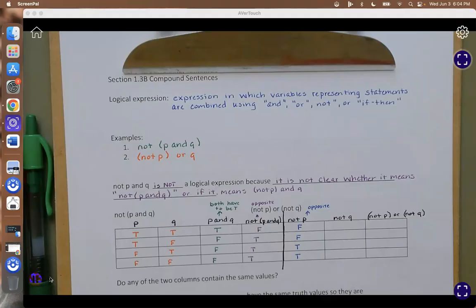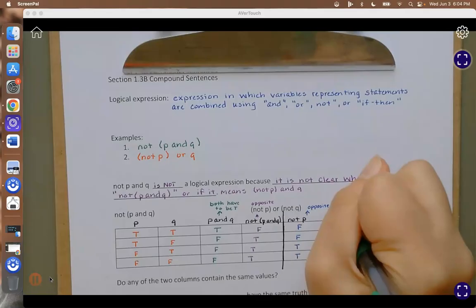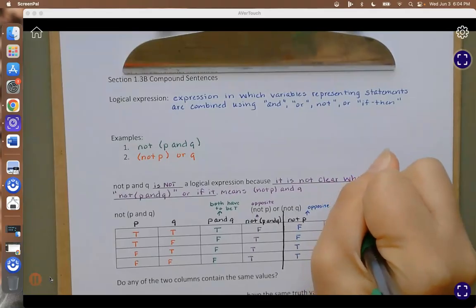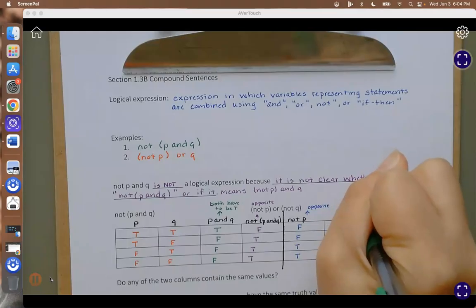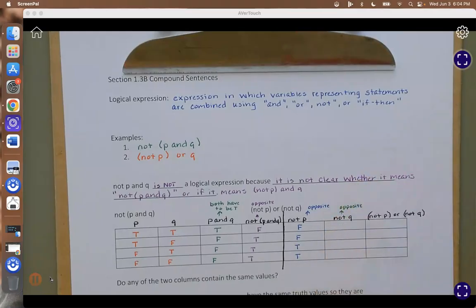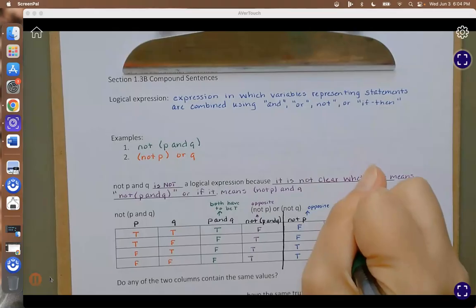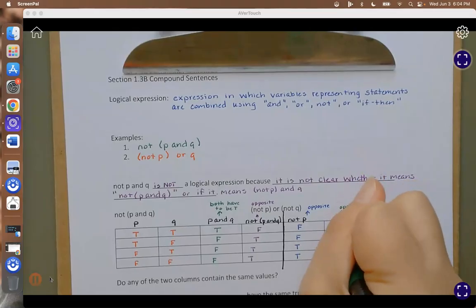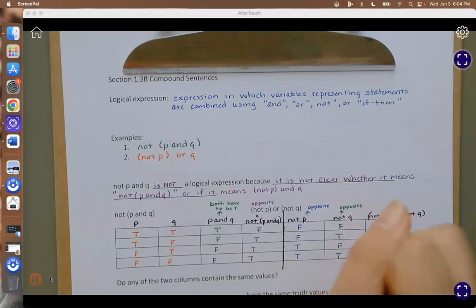Okay, so not Q, we're also going to do the opposite. Okay, so go to Q and put the opposite. So false, true, false, true.